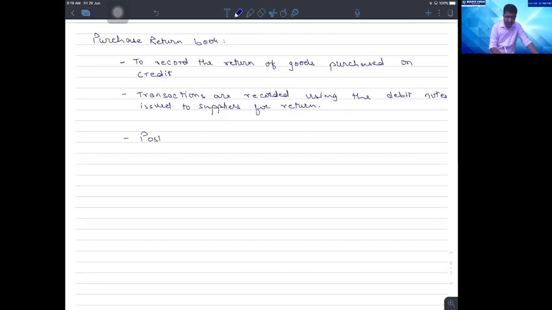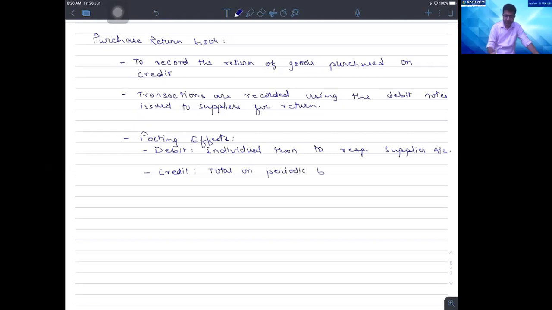So what are the posting effects? Please understand, when you are returning the goods to your supplier, the supplier becomes the receiver of benefit and therefore debit individual transactions to the respective supplier account, and credit the total on a periodic basis to the purchase return account.